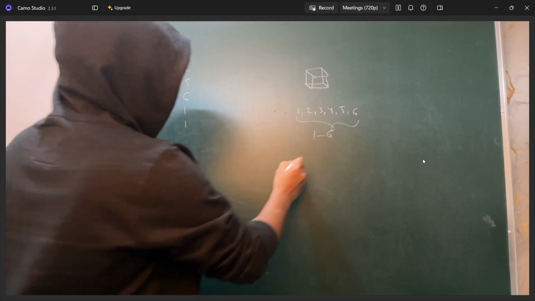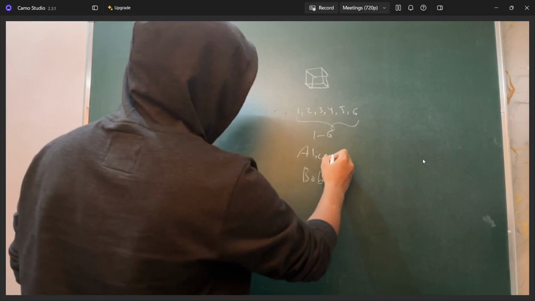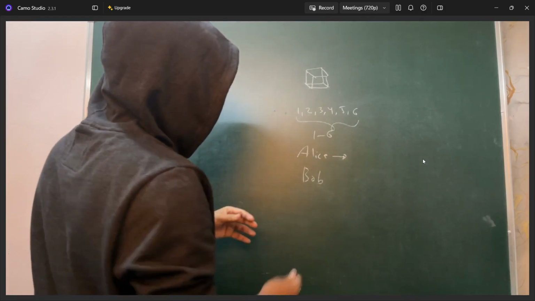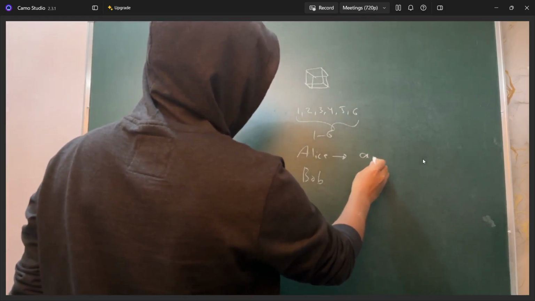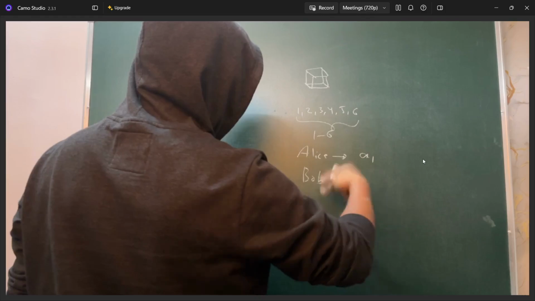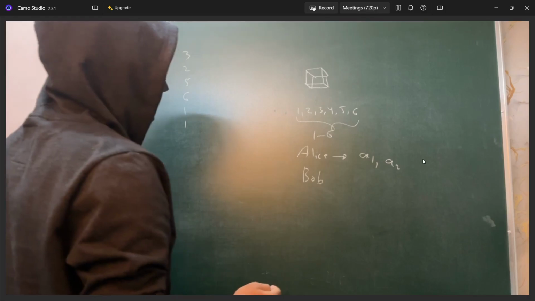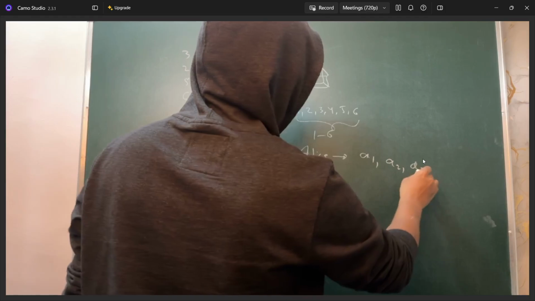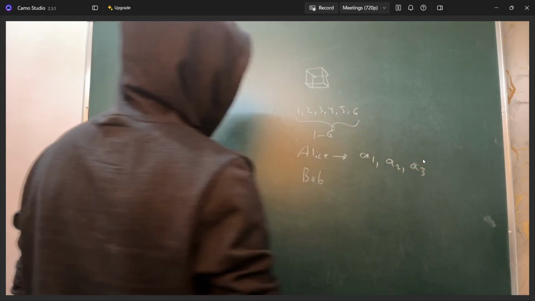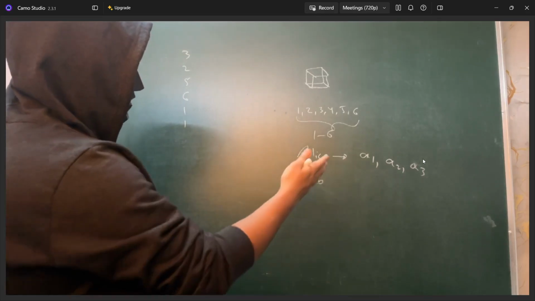And what they're saying is we have Alice and we have Bob, 2 players. Alice will be throwing this die 3 times. Let's say a1 is the number she got when she threw the die the first time, a2 is the number she got when she threw the die the second time, and a3 is the score among 1 to 6 that Alice got when she threw the die the third time.